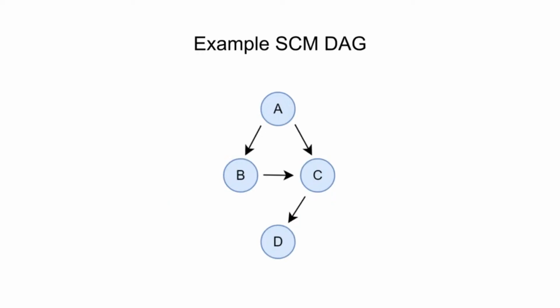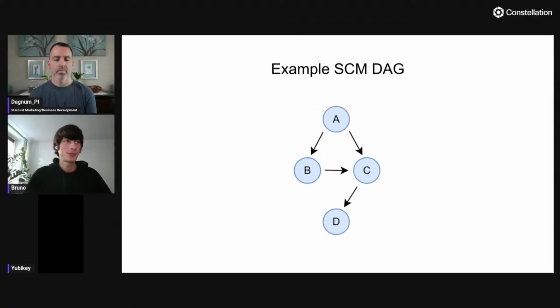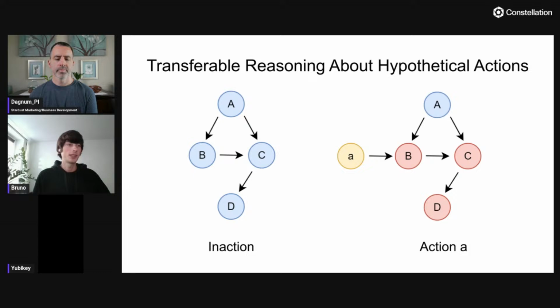And this was really the eye-opening moment for us, where ultimately, these models are a graph. This one is literally a DAG. So you might see why I'm so obsessed with Constellation Network and implementing causal networks on Constellation, because the data structure of Constellation is so similar to structured causal models.